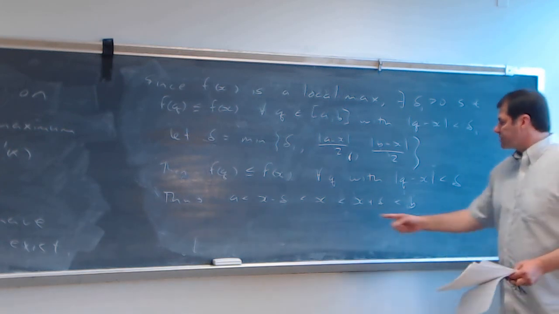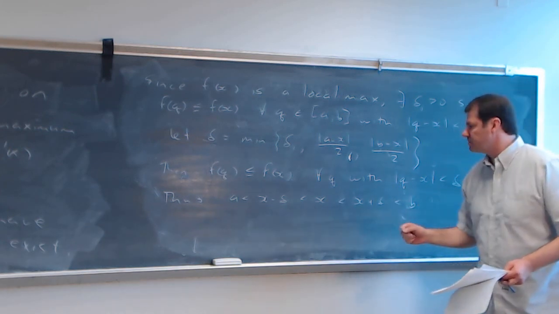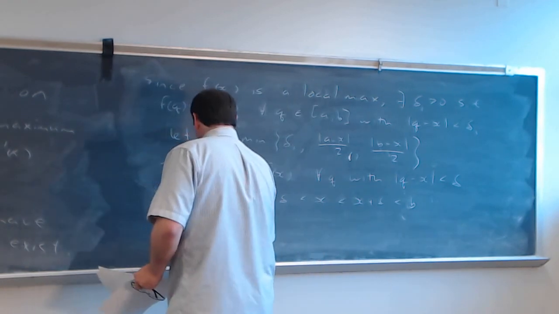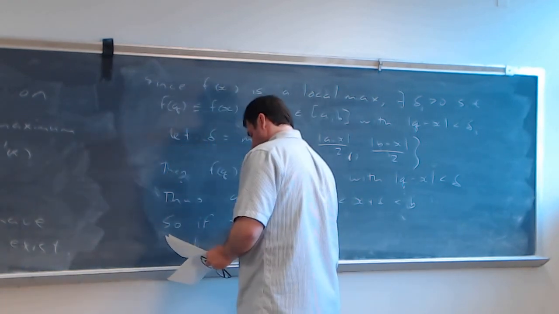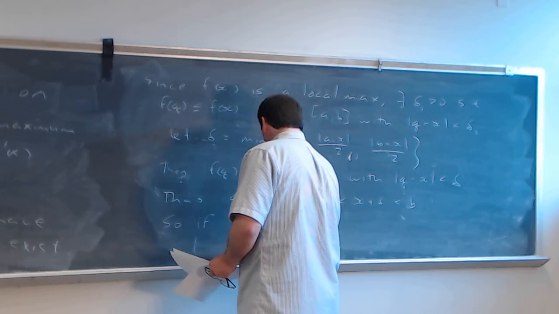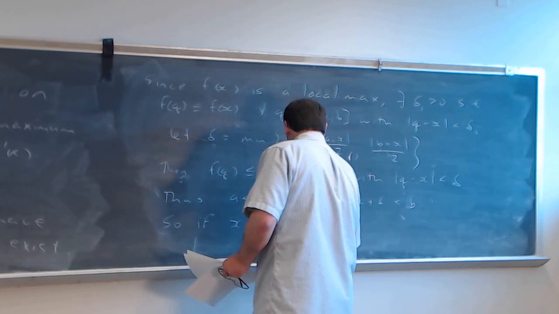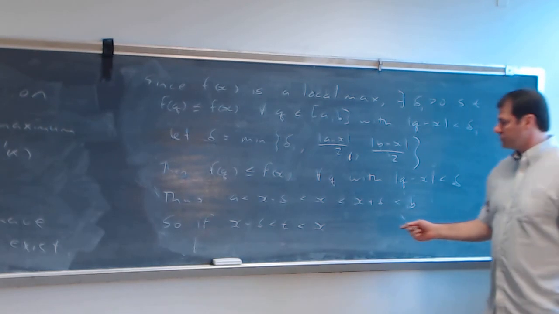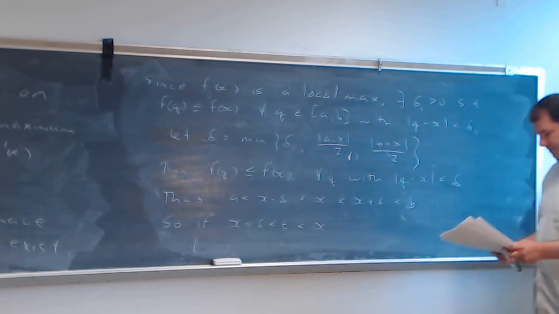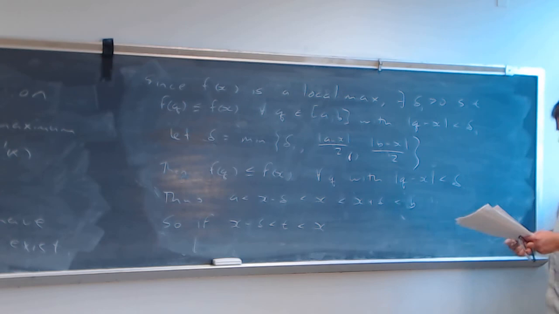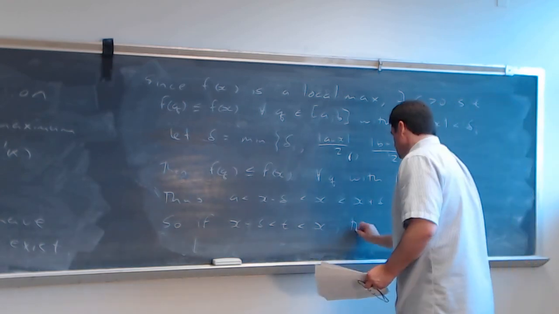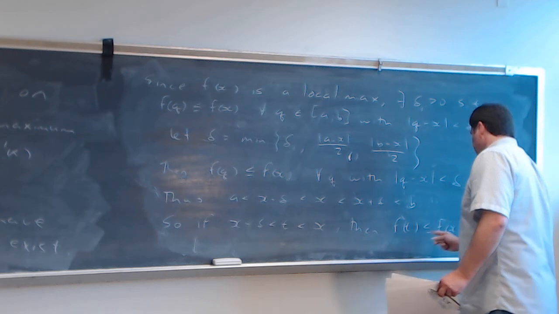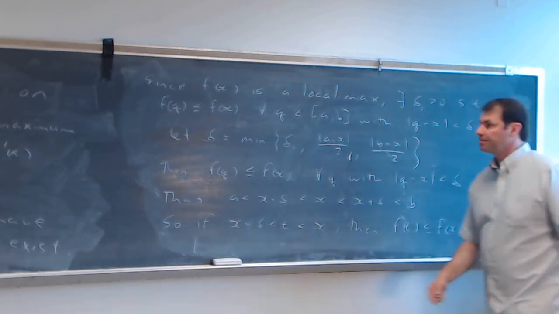Now let's look at certain parts of this inequality. If we look at the t's between x minus delta and x, these are like our q's, but we're only talking about the q's that are to the left of x. Then f of t is going to be less than or equal to f of x, because f of x is this maximum.